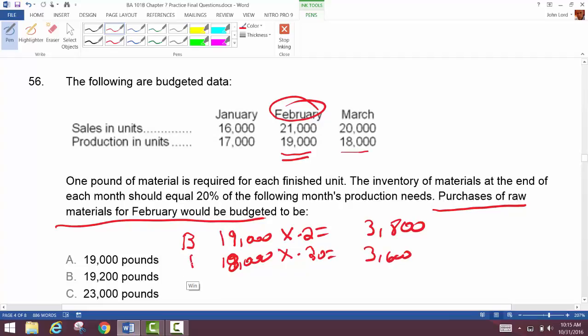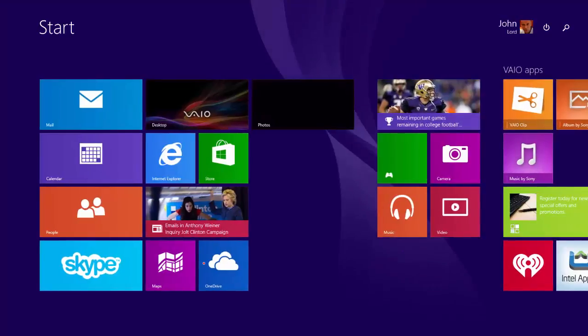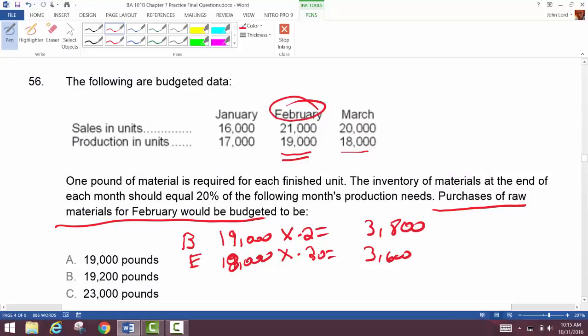So we got the beginning, we got the ending, right? And then we also add 19,000 for February. Okay, so how about if I do this? I'm going to write over here that we know we need 19,000, right? For February on a 1-for-1. And we know we got to end up with this 3,600?